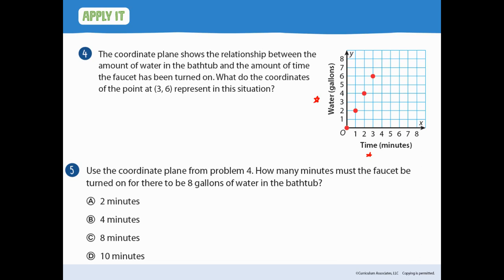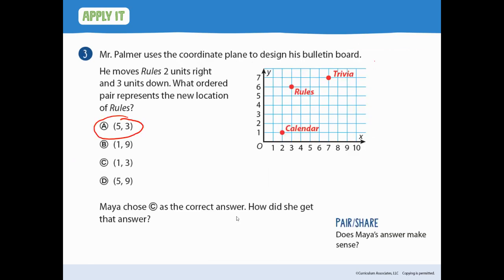So what this is telling us is right here. At 0 minutes, there was 0 gallons in the bathtub. At 1 minute, there were 2 gallons. At 2 minutes, there were four. At 3 minutes, there were six. So this, sorry, let me go back here.